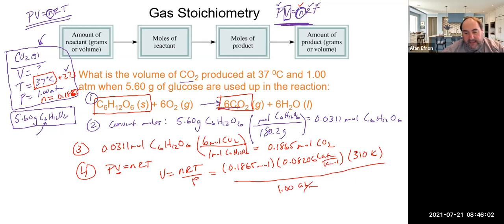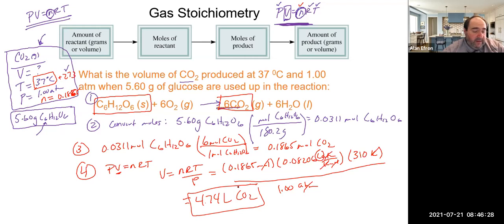In terms of units, atmospheres cancel, Kelvin cancel, moles cancel, leaves us with liters, which is good because we're looking for a volume. So that's going to be 0.1865 times 0.08206 times 310, looking like we're going to end up with approximately 4.74 liters of CO2 produced.